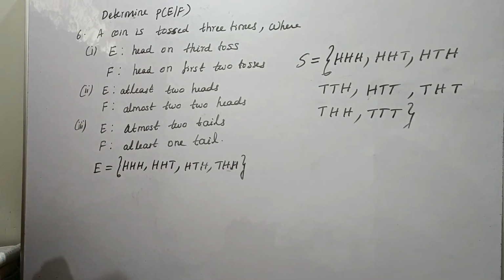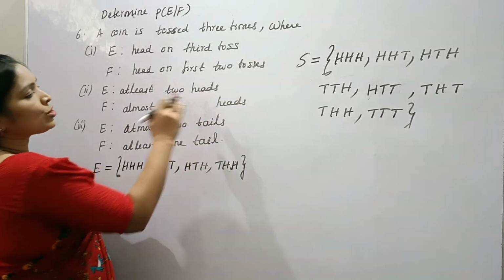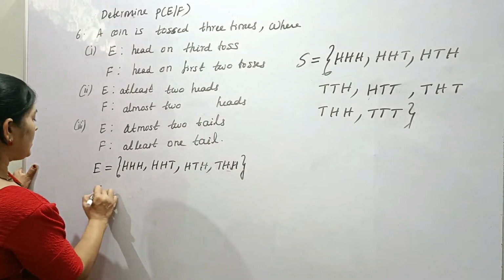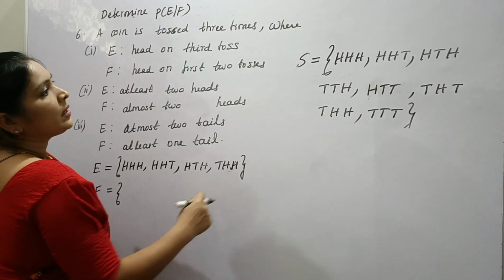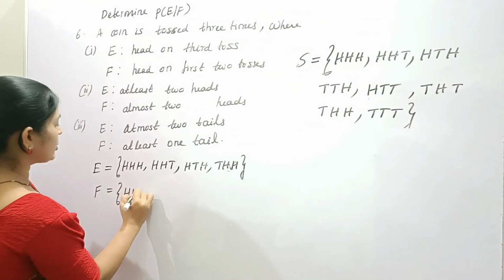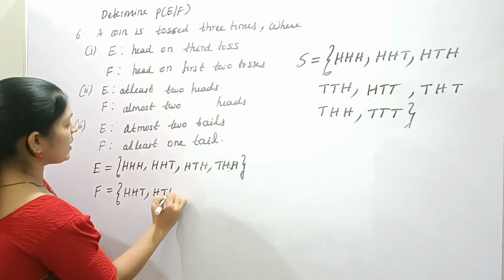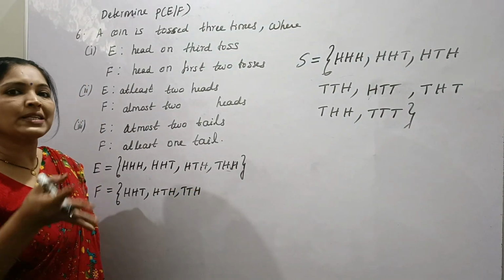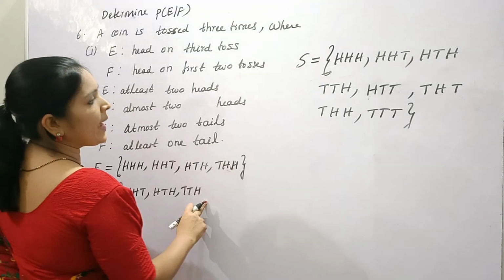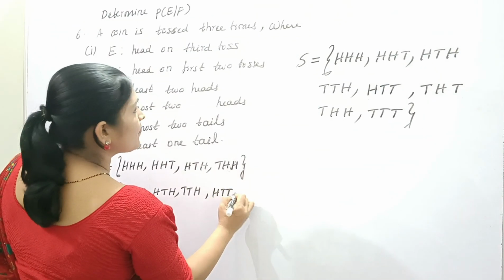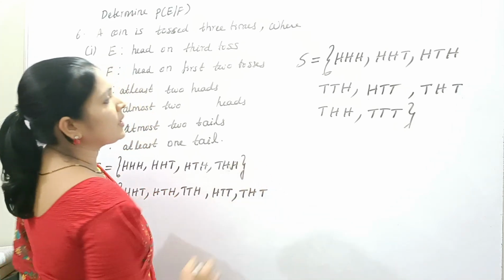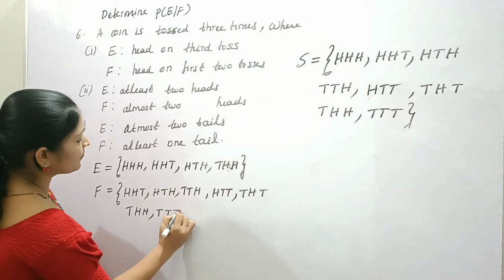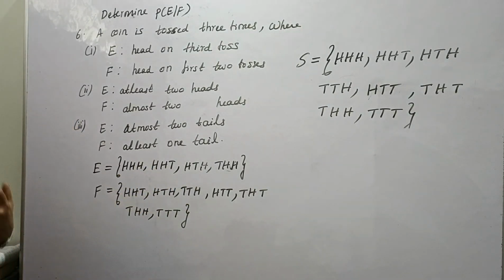Next, F is the event at most 2 heads, right? At most 2 heads means not more than 2 heads, less than or equal to 2. So F is H, H, T, then H, T, H, then T, T, H, then H, T, T, T, H, T, T, H, H, then T, T, T. So 0 heads is also possible.